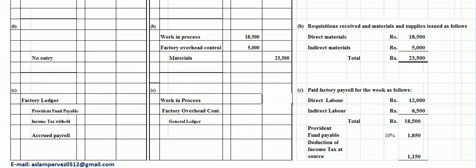Paid factory payroll for the week as follows. Students, direct labor cost is 12,000 rupees, indirect labor cost 6,500 rupees here.